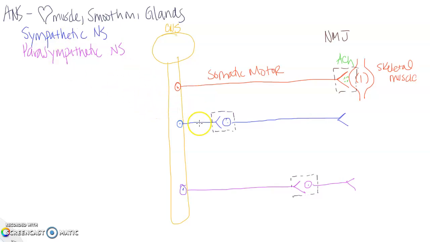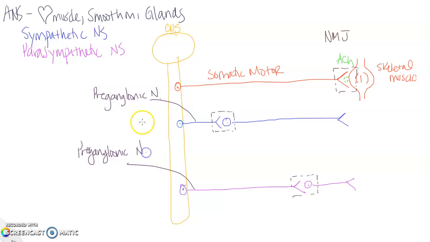So this first neuron on this side is called the preganglionic neuron. So this is also the preganglionic neuron. This one up here is sympathetic.